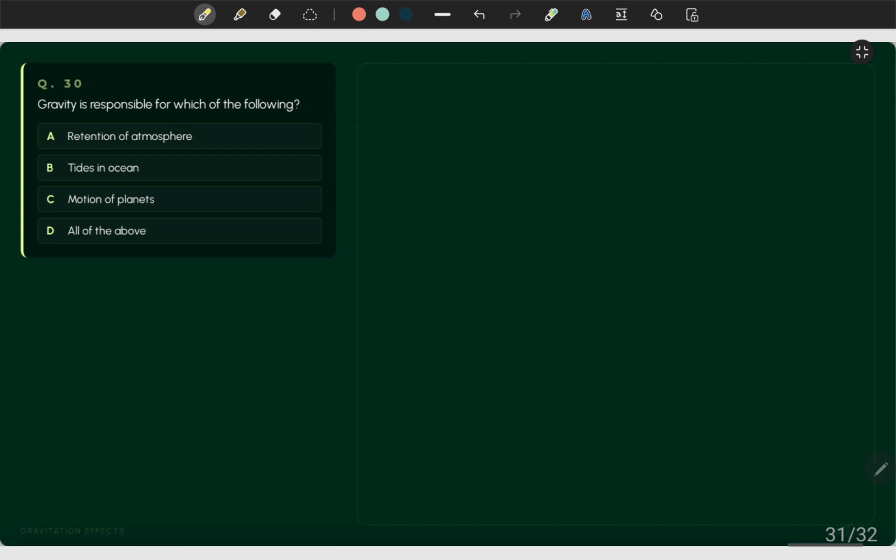Last question, question number 30. Gravity is responsible for which of the following? A, retention of atmosphere, tides in the ocean, motion of planets. So gravity plays a key role in all the three.